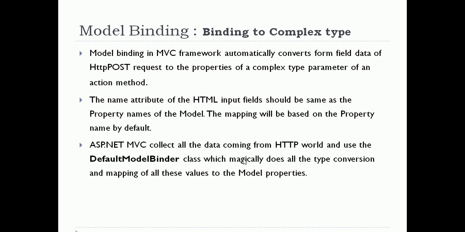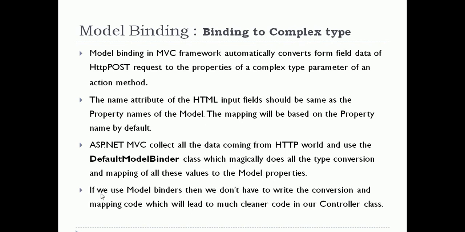MVC collects the data from the HTTP world and internally uses the default model binder class, which magically does all the type conversion and mapping of all these values to our model properties. Now remember this, here model means our class. Model is going to be our class, and we are going to see this practically, so it will be more clear to you.